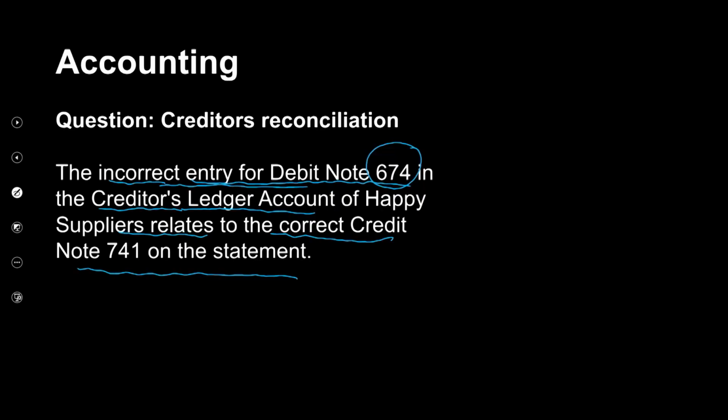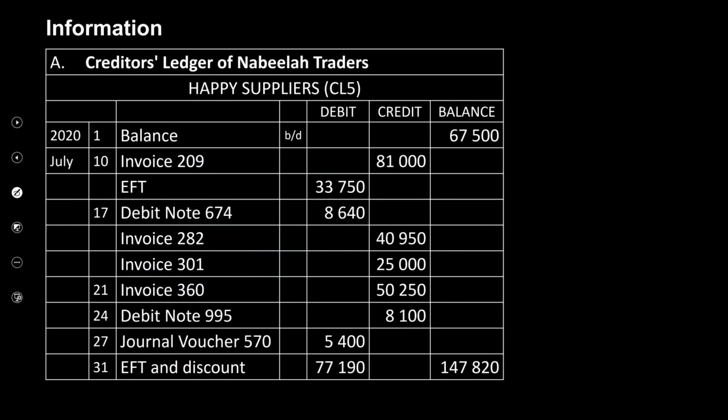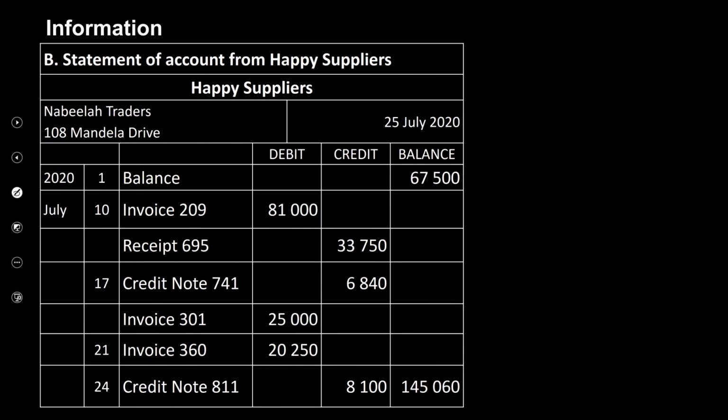And therefore, you can see here now that when we are dealing with this one of 8640, the debit note that they referred to in the question, and we're comparing it to credit note number 741, 6840. So clearly you can see, they're telling you that the statement is correct, right? And we have made the mistake, therefore, how are we going to correct it?